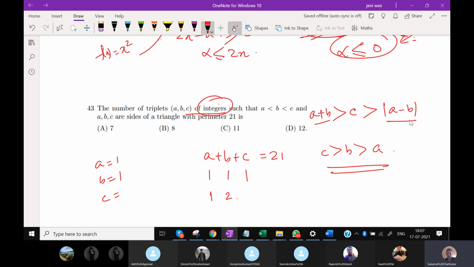Is this rule getting respected? If you take A 1, B 1, and you put C as 2, this is not respected. 1 plus 1 is equal to 2. That means that's not a triangle, it's a straight line. If this is 3, it cannot be possible because the sum of the two smaller sides is less than the third side. Not possible. Clear?